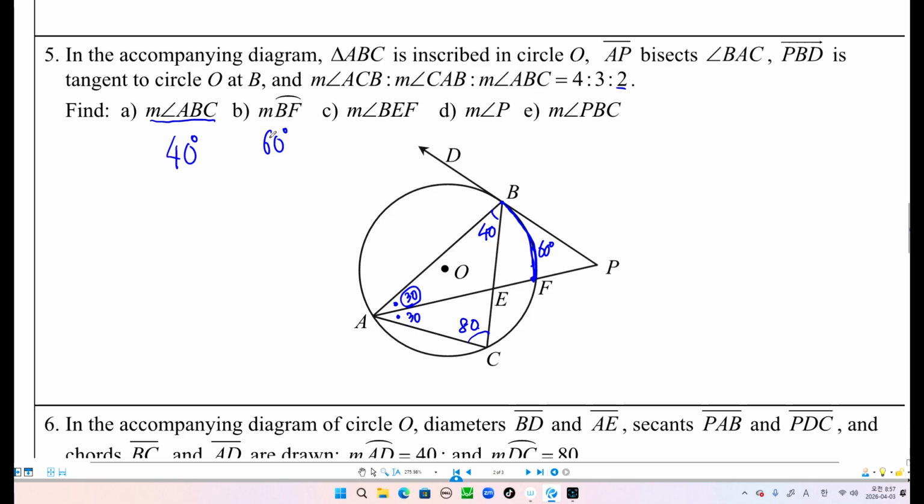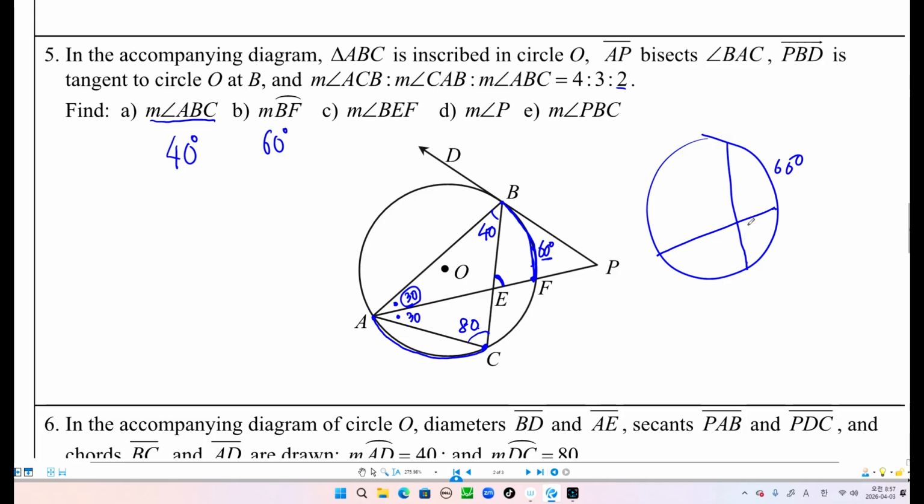Angle BEF. BEF is an intersection inside the circle. So we have a 60 over here. The other side, from here to here, what is the measure of the arc? Okay, do you understand? Here and here, right? This is already 60 degrees. We need this angle, right?